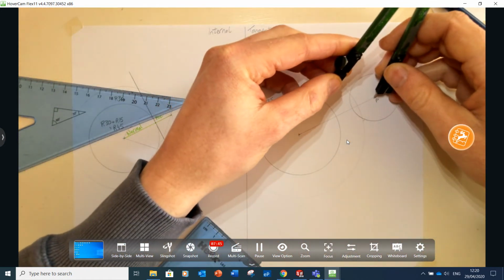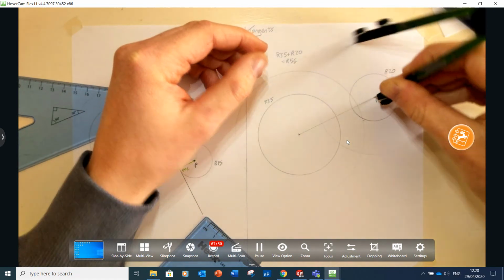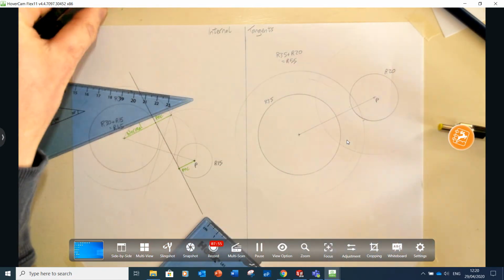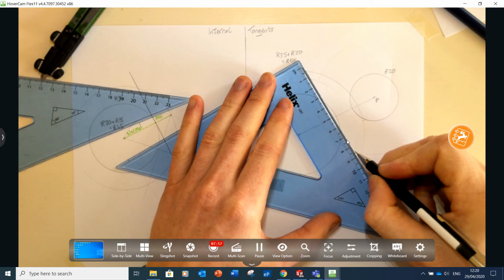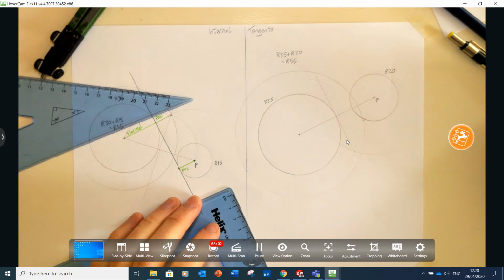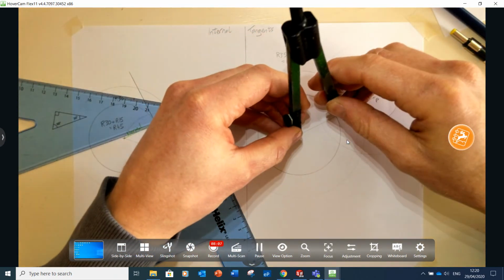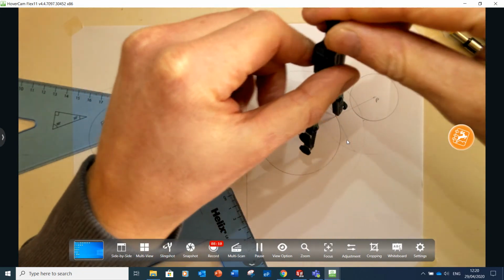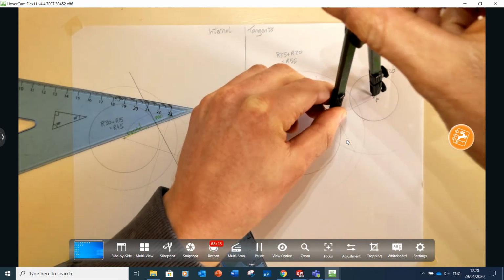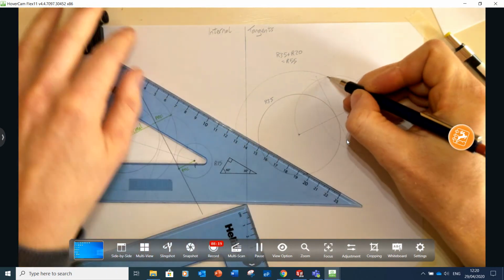I would bisect the line. Like so, and then I would draw in my semicircle, and that would give me a point of contact.